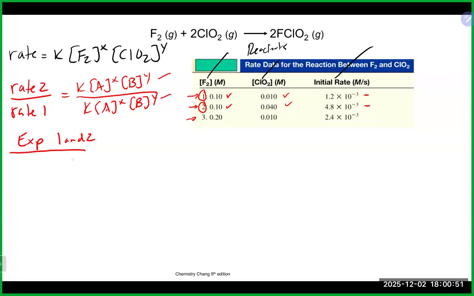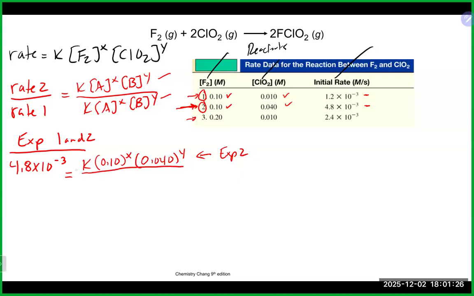So up on top, I'm going to put experiment 2, and that is my rate for experiment 2, 4.8 times 10 to the minus 3, which is going to equal K times the concentration of F2, which is 0.1, to the X, and 0.04 to the Y. So everything up here is all from experiment 2 from the table, and we just put it into our little equation.